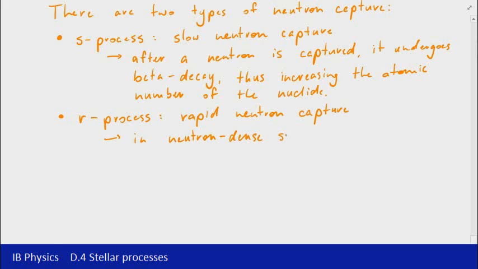So in neutron dense scenarios, where lots of neutrons are being produced in other fusion reactions, or the decay of elements or nuclides in a star, there's basically insufficient time for beta decay to occur before another neutron is captured.